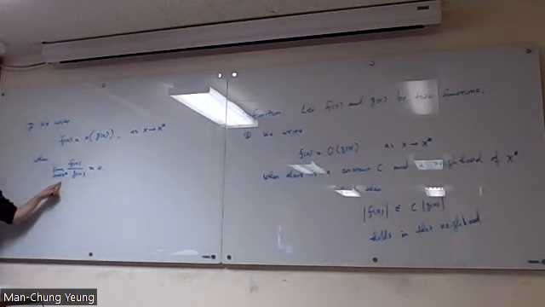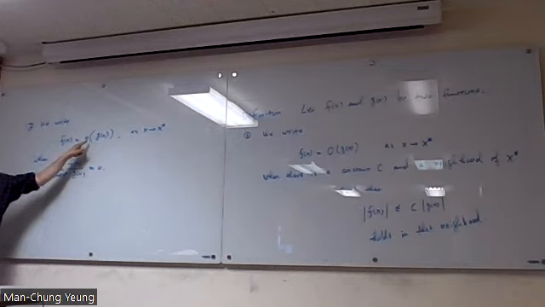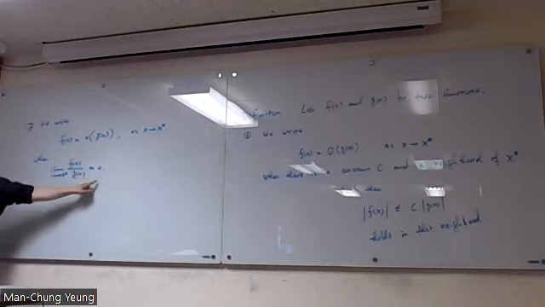If this limit holds, then we write f is little o of g.